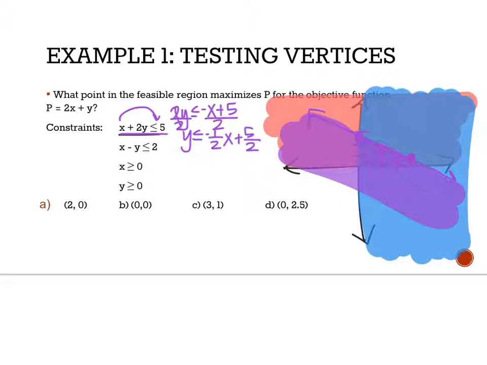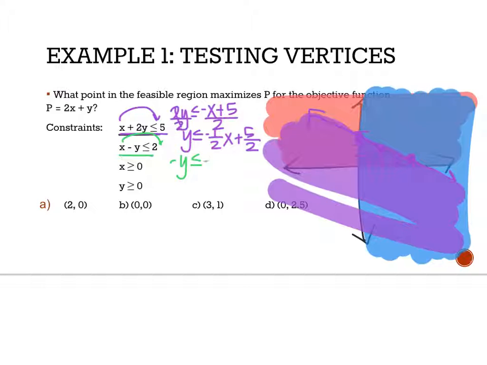And you're starting to see this little region form right there in the middle. But now we have one more line we have to graph, and that's x minus y is less than or equal to 2. So we're going to put that in slope-intercept form. We get negative y less than or equal to negative x plus 2.